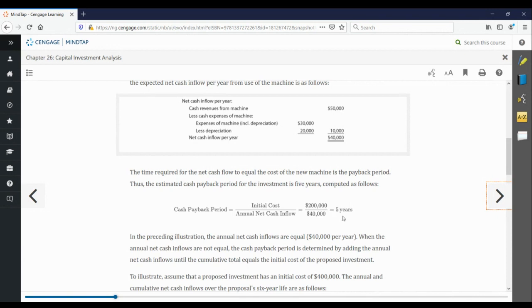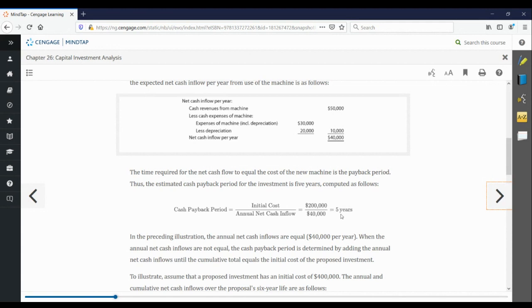So the cash payback period is just saying, well, if we make an investment of $200,000, how many years is it going to take us to recover the cost of this investment? And we're believing that we can bring in additional cash flows to our company of $40,000 per year.